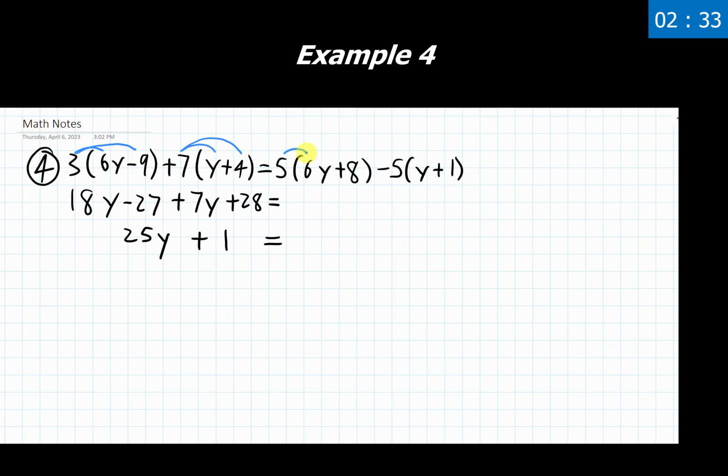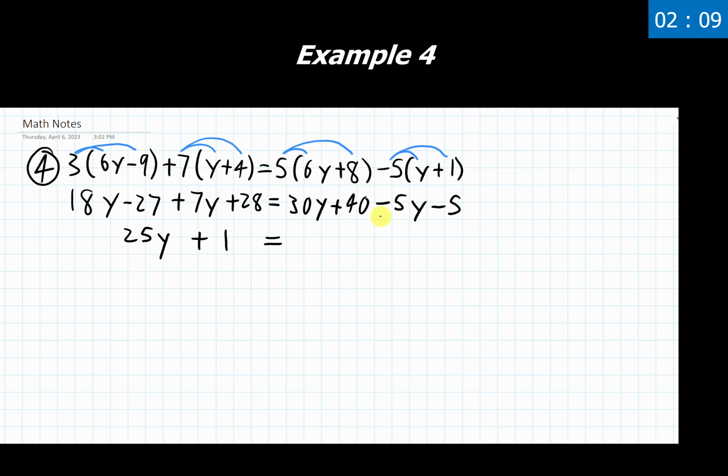So this 5 in front is going to distribute to everything in that set of parentheses. The negative 5 here is going to distribute to everything inside of this set of parentheses. I should be getting 30y plus 40 minus 5y minus 5. Be careful of that negative going through. It has to change all of the signs inside here.